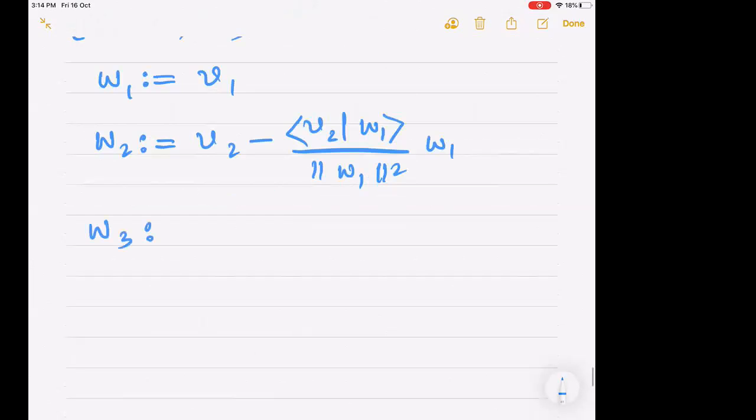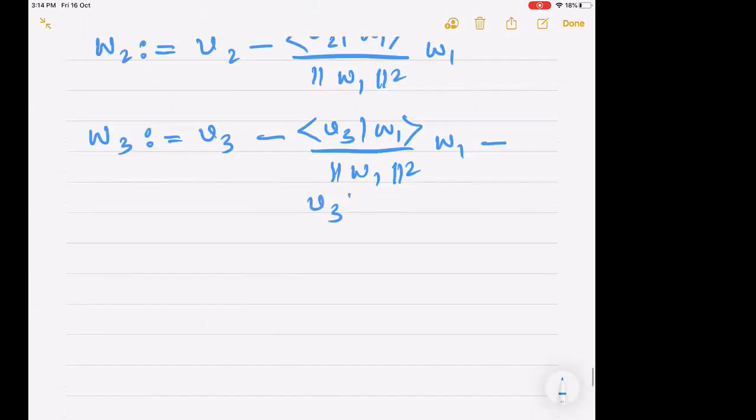w3 now will be v3 minus the inner product of v3 and w1 over the norm of w1 squared, times w1, minus the inner product of v3 and w2 over the norm of w2 squared, times w2. That's it.